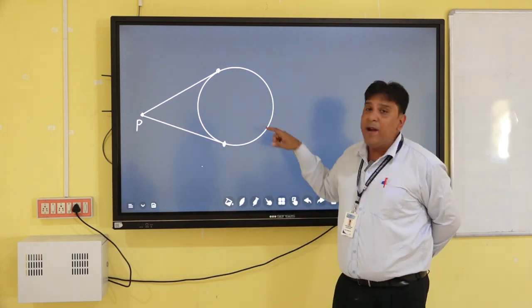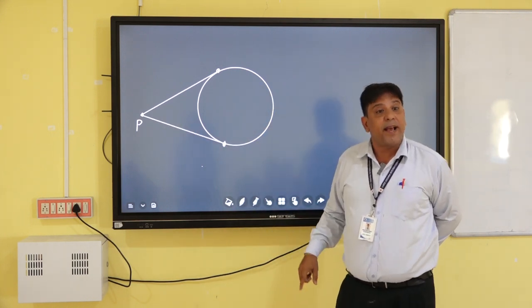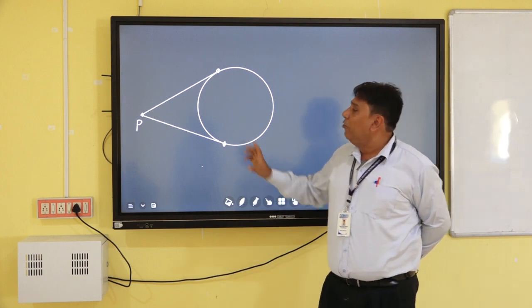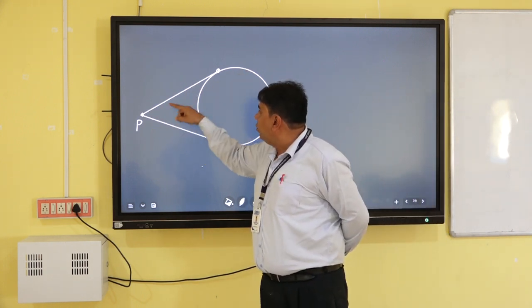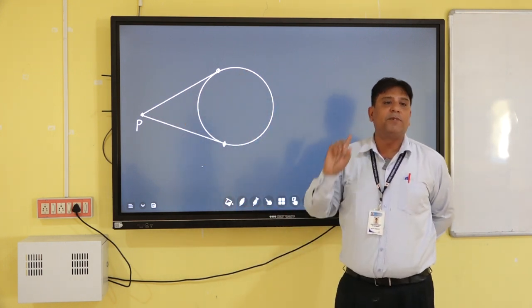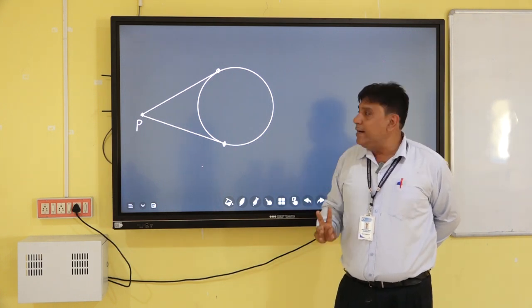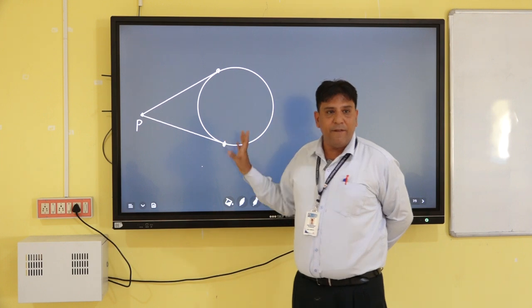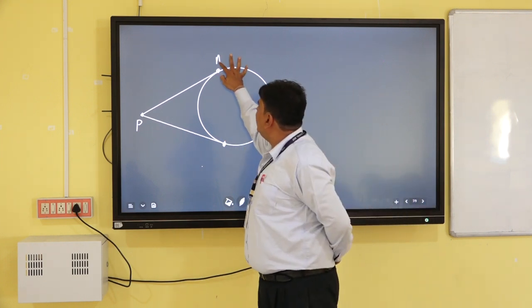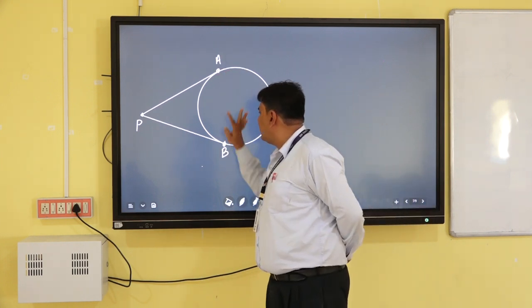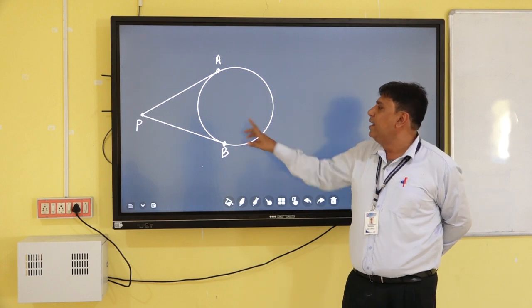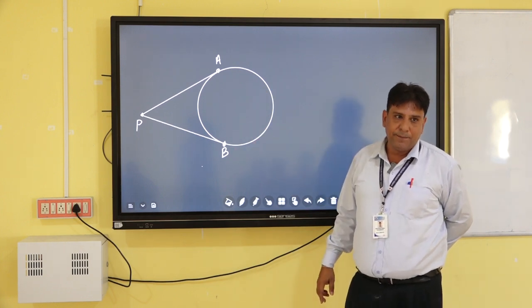From an external point, how many tangents can I draw? I can draw a maximum of 2 tangents. Please remember, from an external point, only 2 tangents are possible to a given circle. If I say this point is A and this point is B, right?